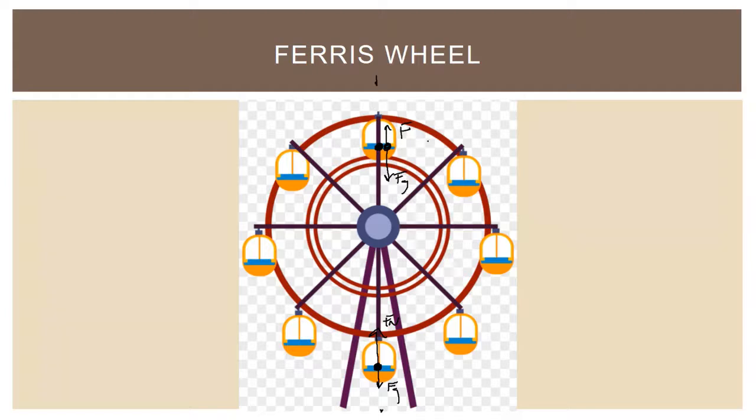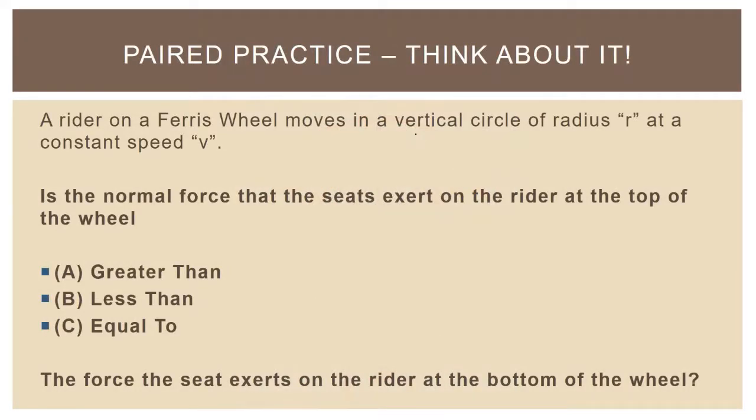Well, Fg is Fg. It's just the mass times 9.8. At the bottom, the normal force is bigger than the weight. But at the top, the normal force is less than the weight. So the answer to the question, is the normal force at the top of the wheel greater than, less than, or equal to the normal force at the bottom, is: it's less than.